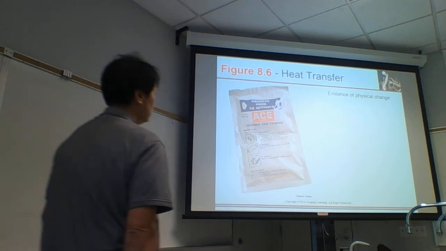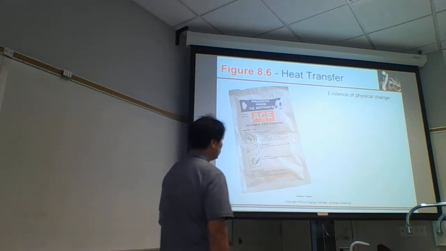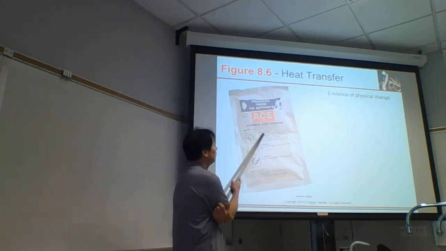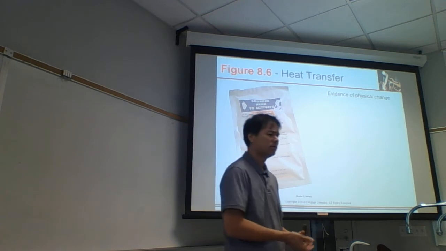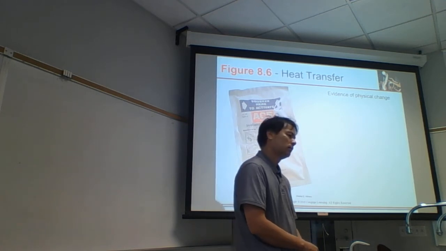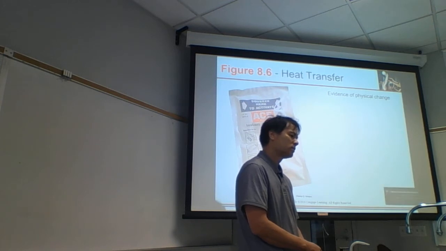Heat, yeah. Cold packs and hot packs. Definitely chemical. Although cold packs, it turns out, is a physical change. Some salts, when you dissolve them in water, it gets cold. And some salts, when you dissolve them in water, get hot, but the salts are still there. They're just dissolved in water.